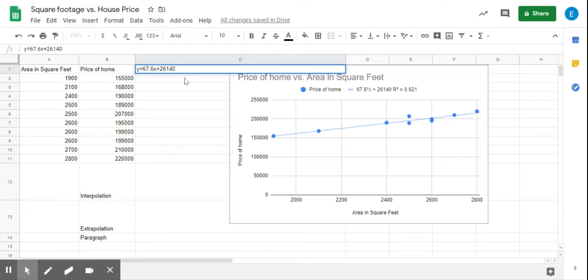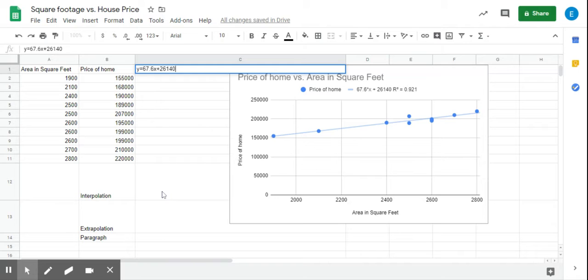What that means is essentially any house, even if it has no square footage, is going to cost 26,140. That's my y-intercept. And then it goes up at a rate of $67.6 for every square foot.